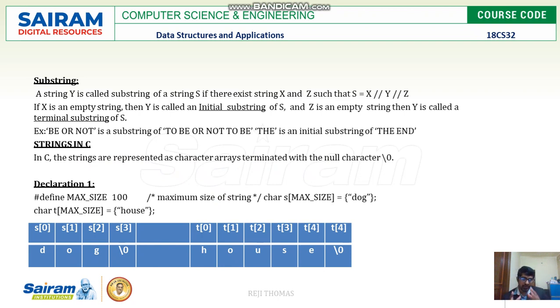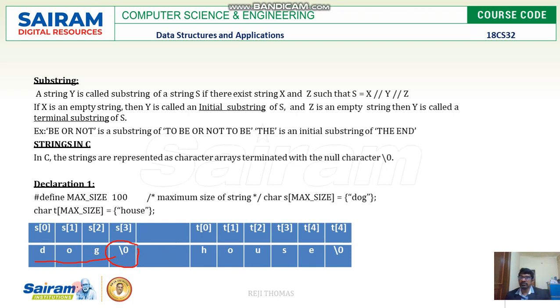There are different ways by which we can represent a string, and we only focus on how we represent a string in C. Normally every string is terminated with a null character. If you look at the screen, you can find a string called dog, with D, O, G taken, and it is terminated with a null character.